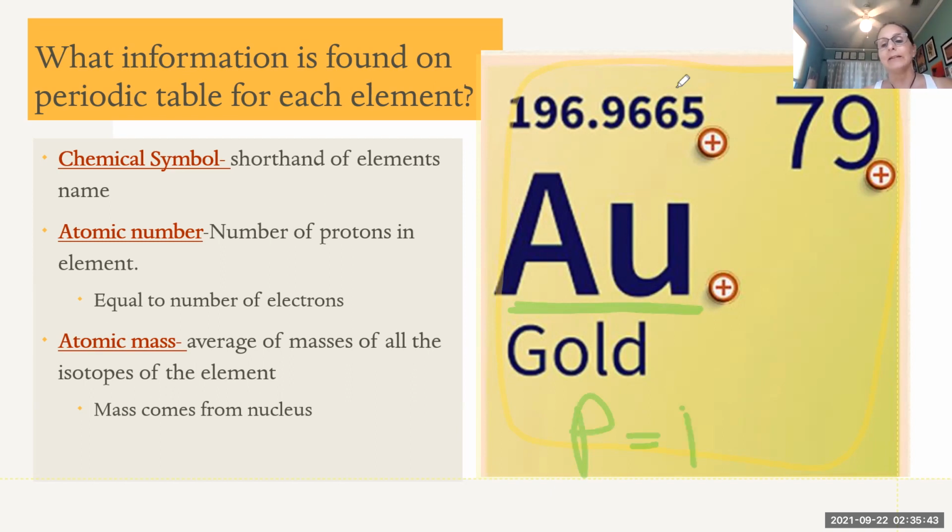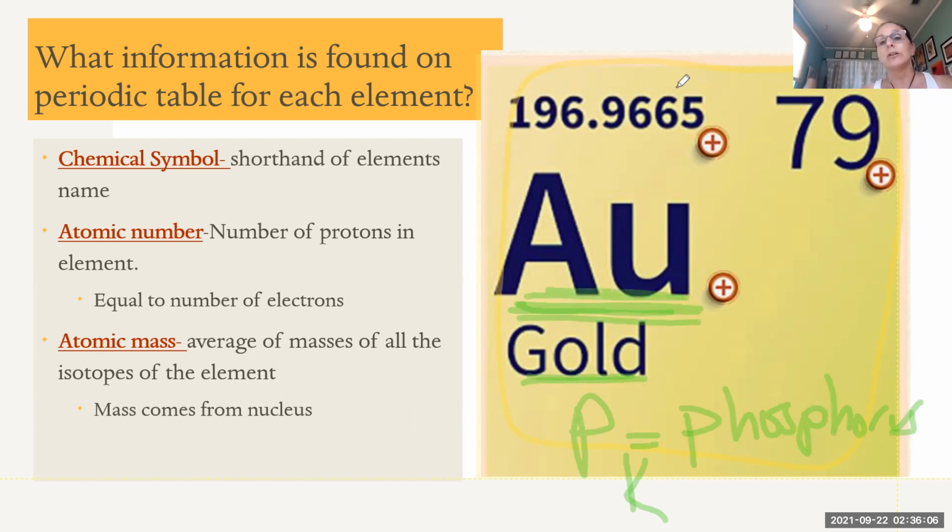P is actually phosphorus, okay? Potassium is K. I know, it's crazy. And that's some of the things you see. I mean, look at this one. Au is for gold. It's because some of their symbols come from their Latin root. So this is gold, and this is its chemical symbol.